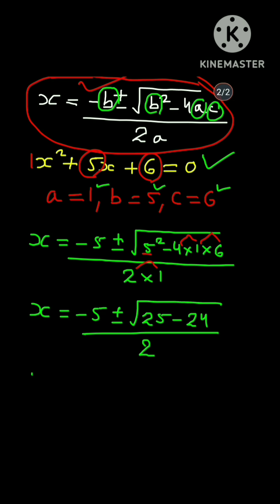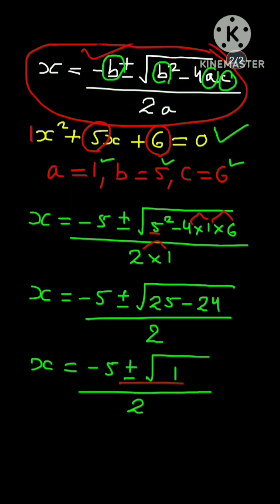Again, x equal to minus 5 plus minus root over 25 minus 24, 1, by 2.